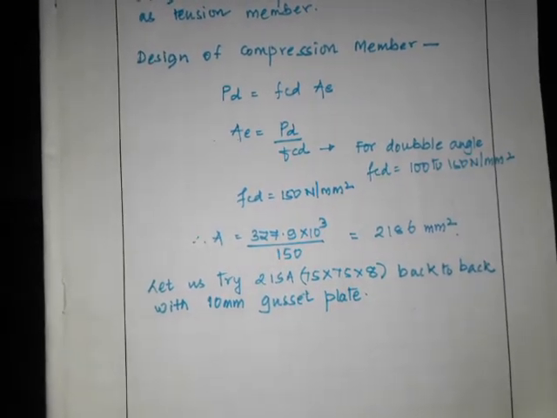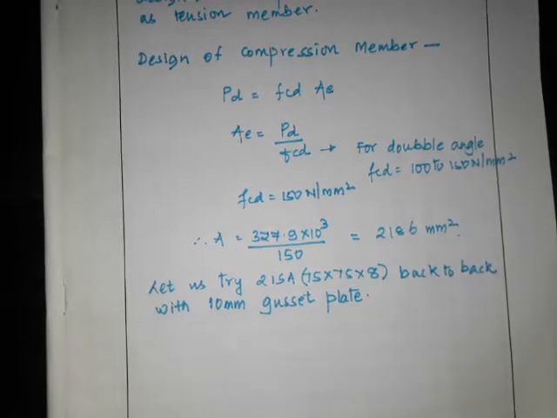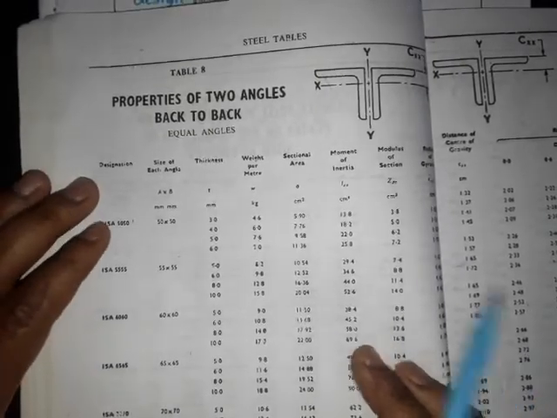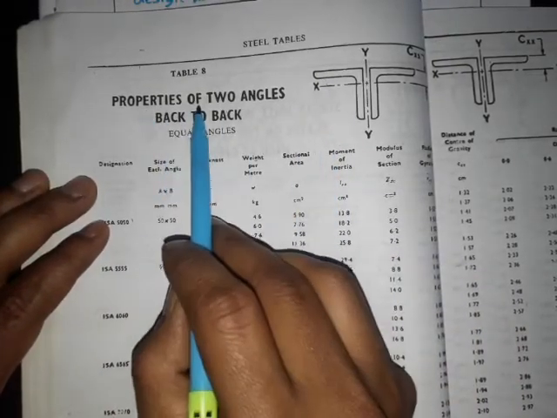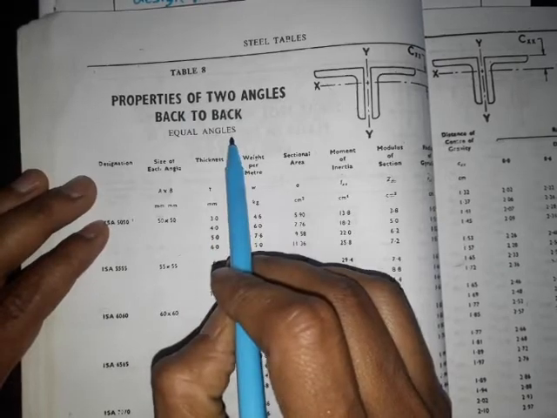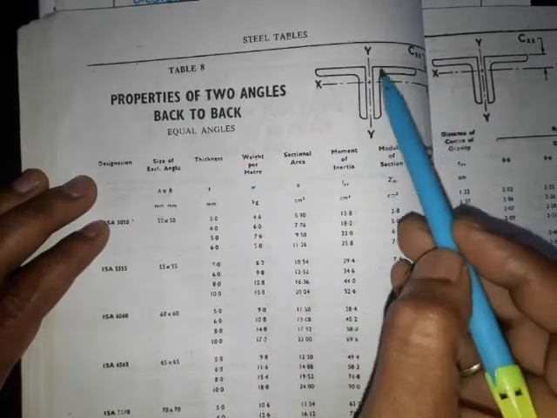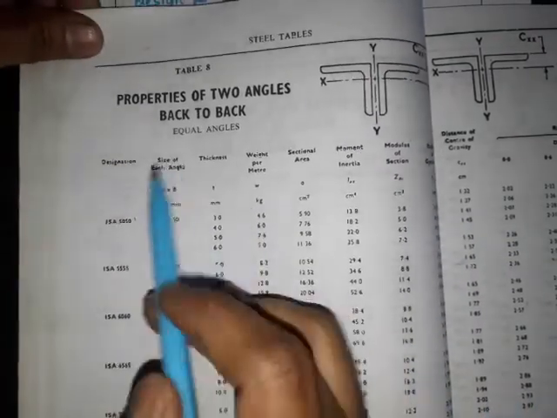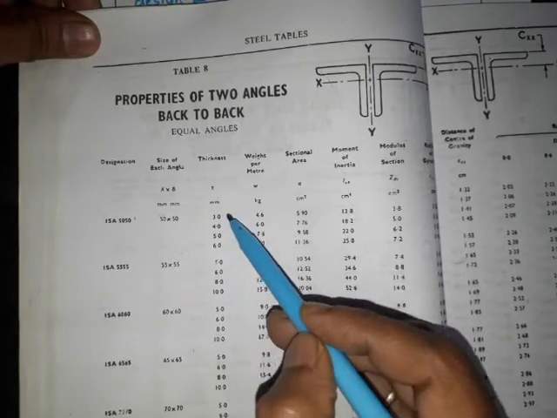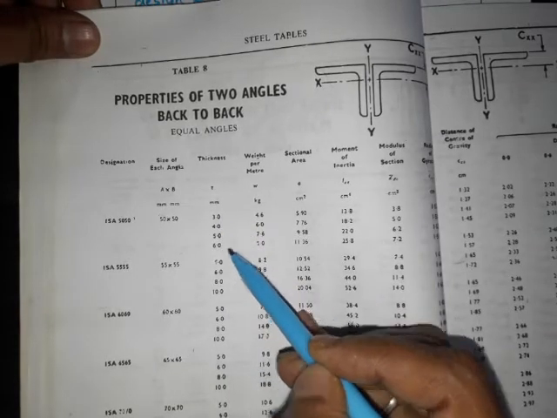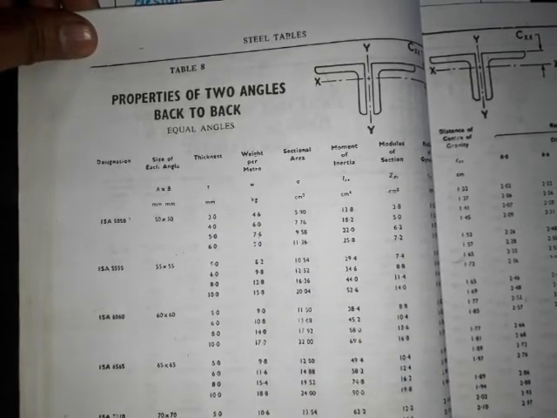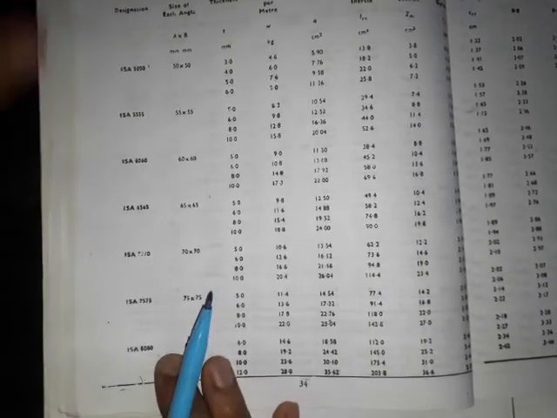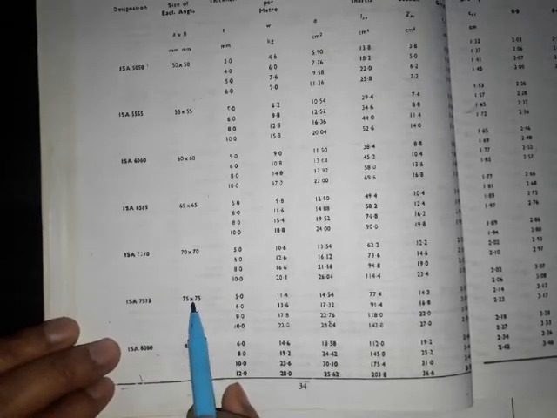So we will refer to the steel table for that. When you open the steel table, you have to search for the properties of two angles back to back, that is for equal angles. What you can see here, we have two equal angles back to back with a gap, that is for the gusset plate. Here we have 50 by 50 and these are the thicknesses 3, 4, 5, 6. We have selected 75 by 75 by 8, so go down a little bit. Now here you can find ISA 75 by 75 by 8.